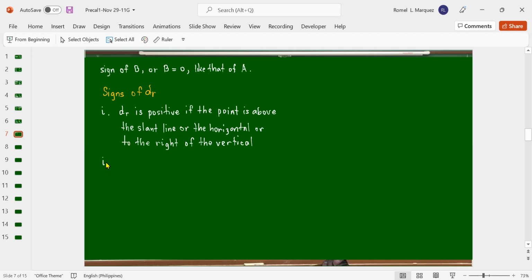What about DR is negative? The value of DR is negative if what, guys?